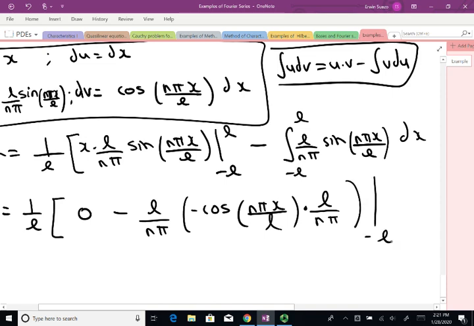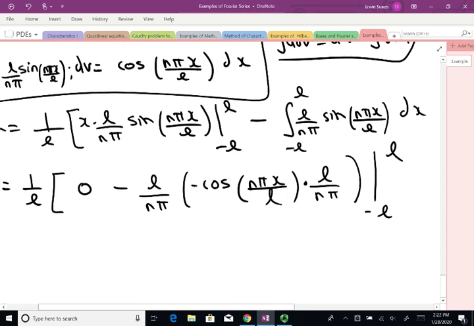But when I plug in minus L and L, when I plug in L, I'm gonna get n pi, cosine of n pi, yeah, okay.